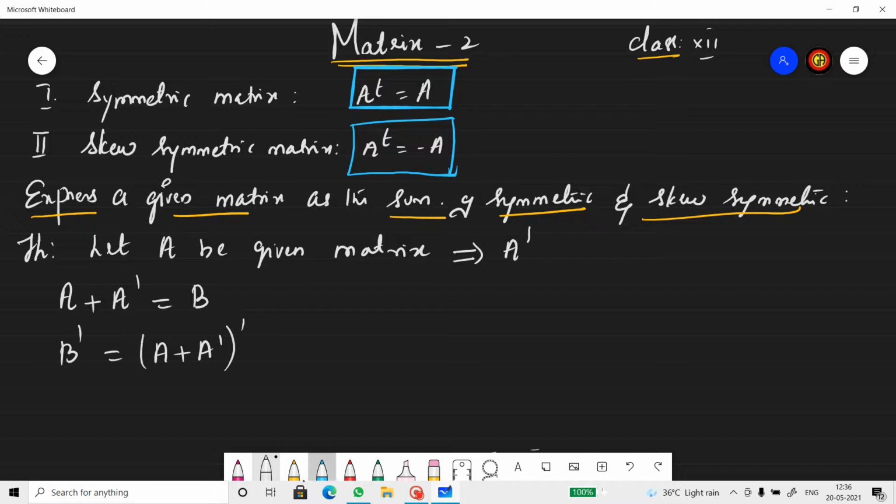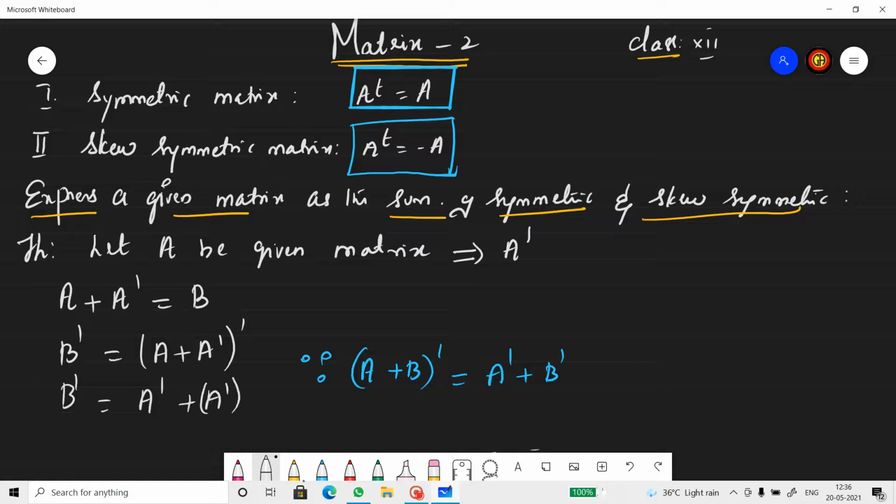Isn't it? And as per the property of transpose, we know that A plus B whole transpose is A transpose plus B transpose. So using that property, I get B transpose is equal to A transpose plus A transpose the whole transpose. And what is A transpose the whole transpose? A itself.